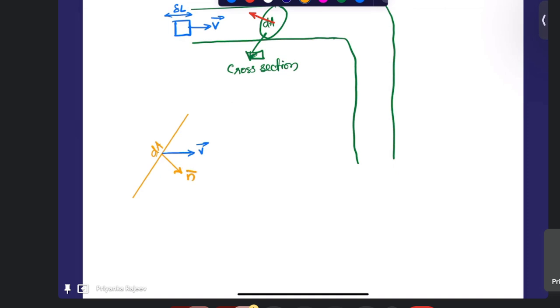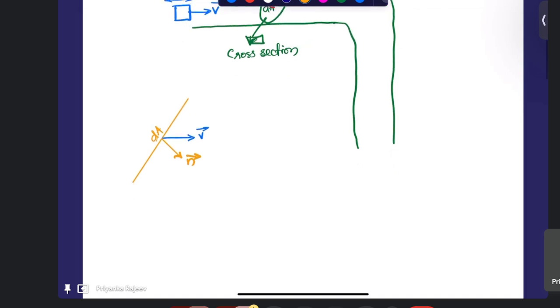This I am taking not as a unit vector but as a normal vector. The normal vector is the vector which is normal to the plane of the cross section.